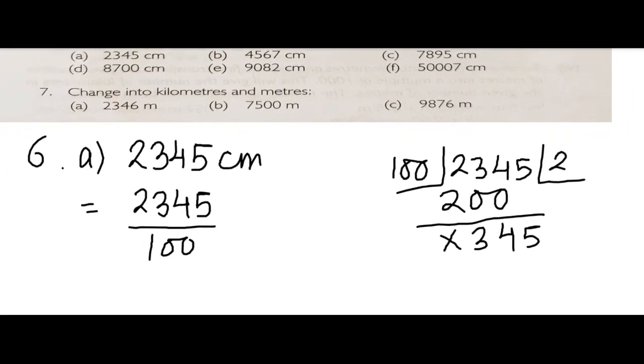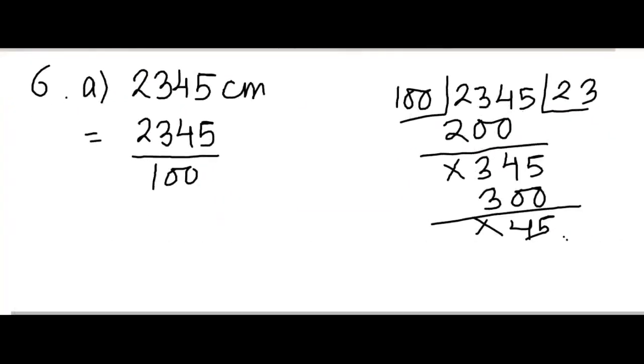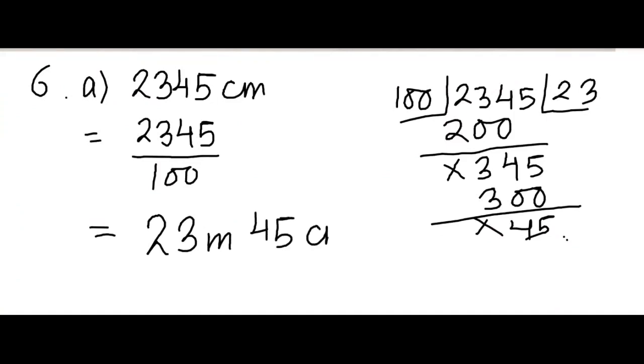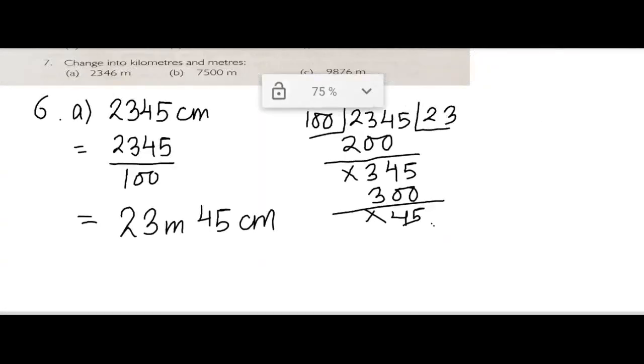So 100 23s are 2300 and the remainder we got is 45. Now this remainder you will write in centimeter, the quotient you will write in meter. So your answer will be 23 meter 45 centimeter. In this way you will do number 6.